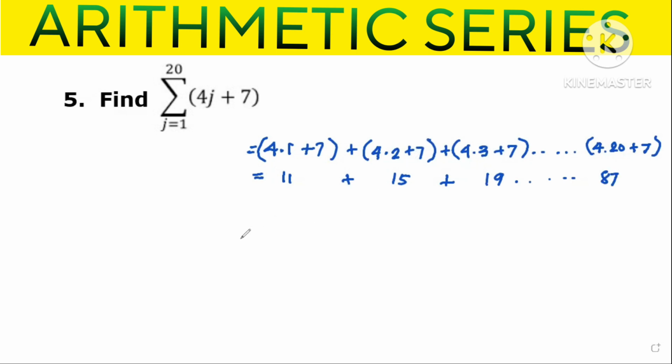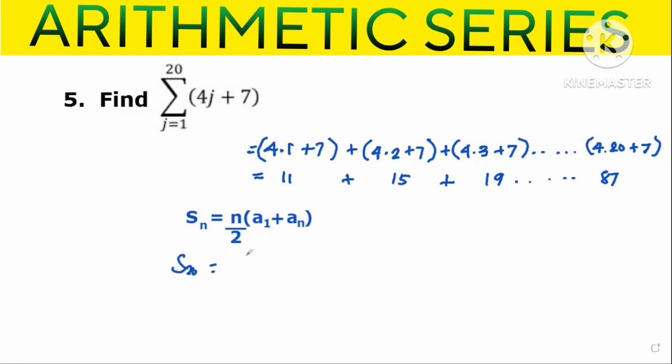Now, if you notice, this is an arithmetic sequence with common difference of 4. So to get the sum, we can use the formula S sub n is equal to n over 2 times a sub 1 plus a sub n kasi given naman ang first and last terms, right?